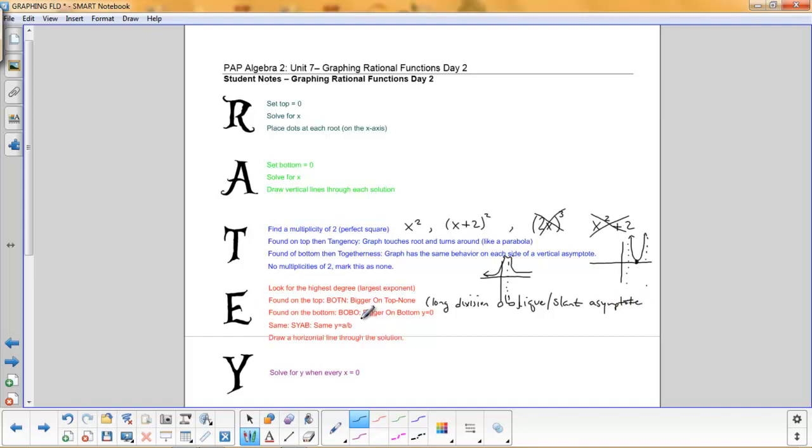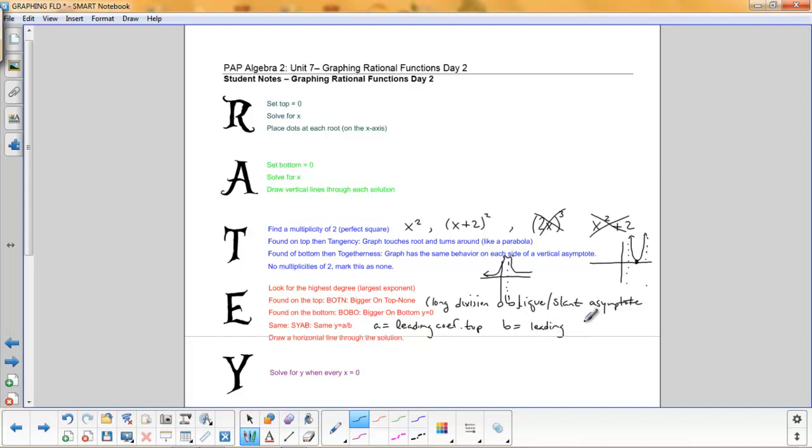All right, so leading coefficients are, and we'll do a, leading coefficient of the top, and b, leading coefficient of the bottom.